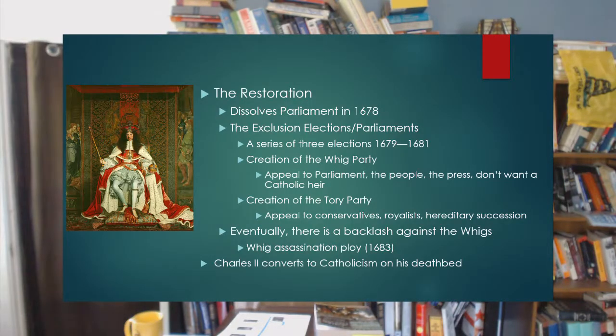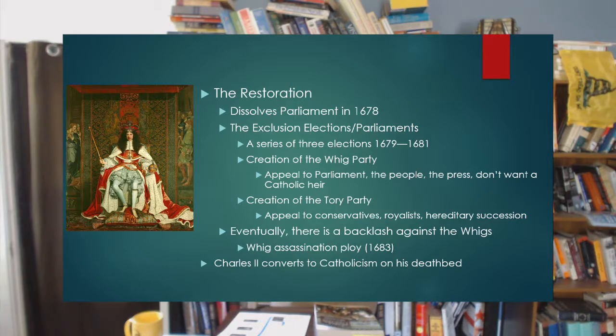Charles II dissolves Parliament in 1676. Then you have a series of elections called the exclusion elections. Basically, anti-monarch politicians win office. So you get the creation of these two political parties that are going to be with England the rest of their history, pretty much. You got the Whigs and the Tories. The Whigs are on the side of Parliament, the people.